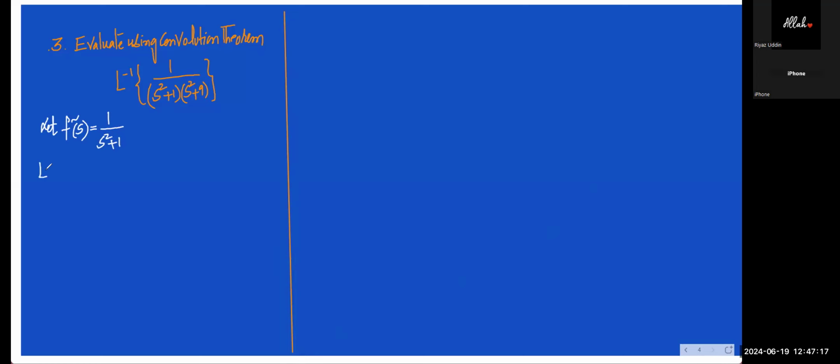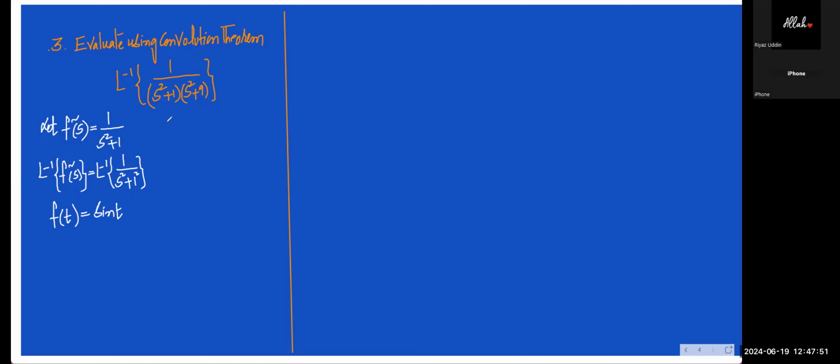Taking Laplace inverse on this, Laplace inverse of f bar of x is equal to Laplace inverse of 1 by x square plus 1 square, and according to the statement it is f of t. According to the formula, actually 1 by 1 you will get, but I am not writing that: sin at, a value is 1, so sin t.